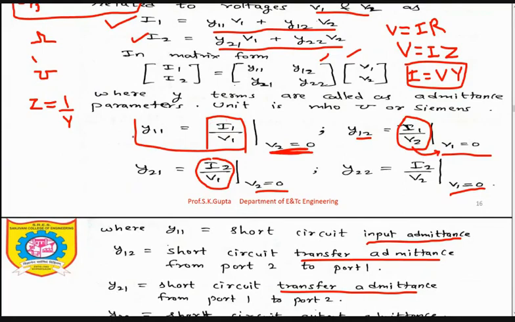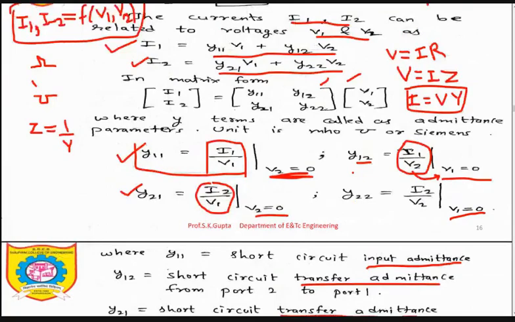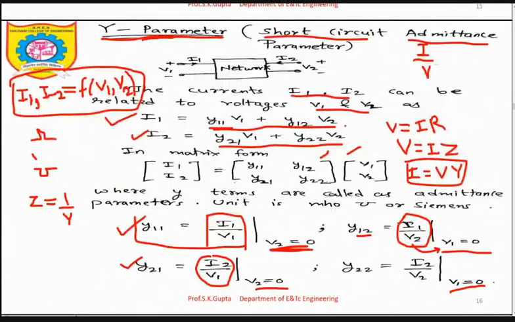You have to remember it anyhow. This way you can remember Y11, Y12, Y21, Y22, or you can derive them from the equations. If I want Y11, I will make V2 as 0. So I1 equal to Y11 V1, so Y11 equal to I1 upon V1. If you remember this equation also, then you can find them.